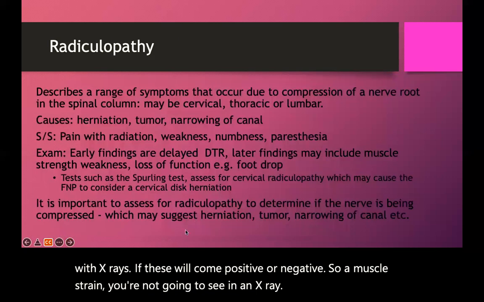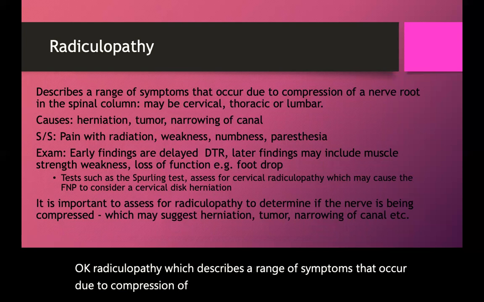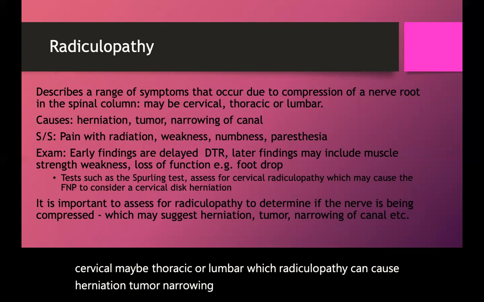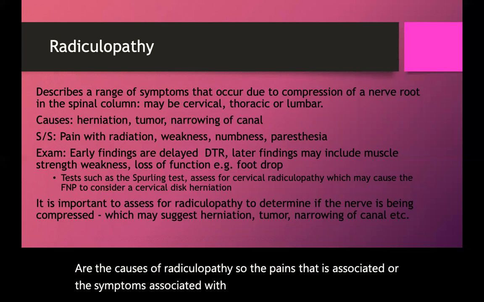Okay, radiculopathy, which describes a range of symptoms that occur due to compression of a nerve root in the spinal column. It may be cervical, thoracic or lumbar. Radiculopathy can be caused by herniation, tumor, or narrowing of the canal. The symptoms associated with radiculopathy include pain with radiation, weakness, numbness, and paresthesia.